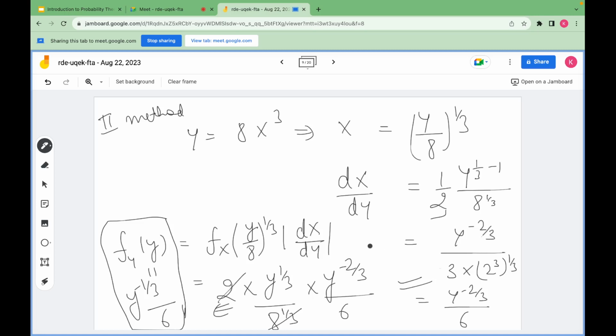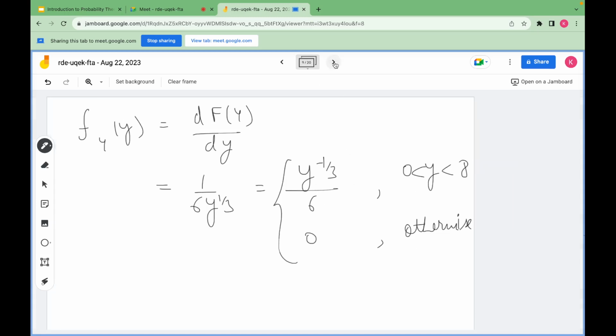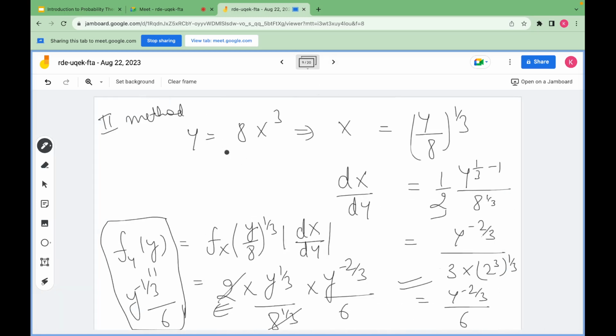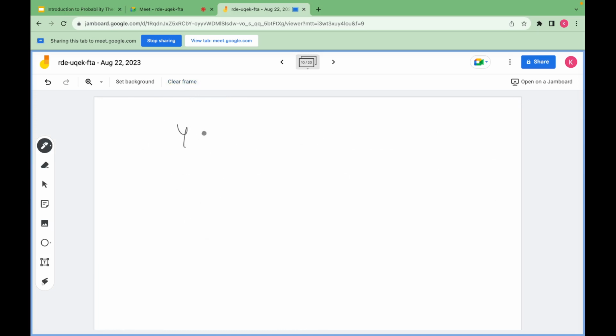Right? And in the previous method we saw that this was the PDF for the function. So here we use the property that if y is given in terms of x, then we can write x in terms of y.